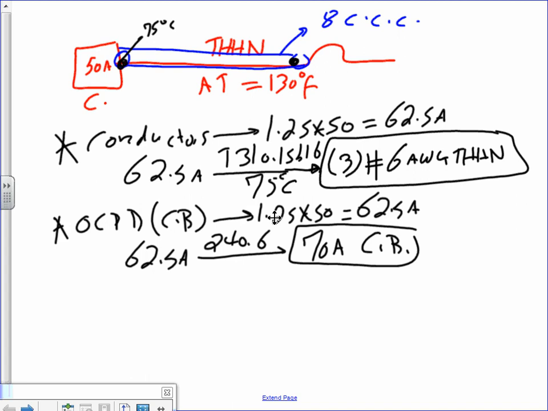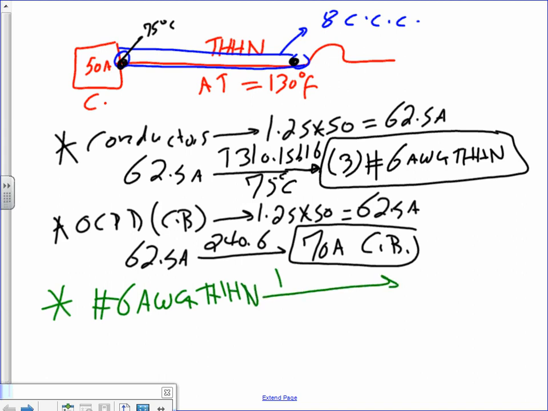Now let's start with number 6 AWG THHN. Take it to derating. Derating, Table 310.15 B16. Which column? 90 degree.